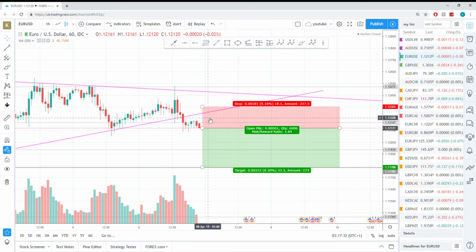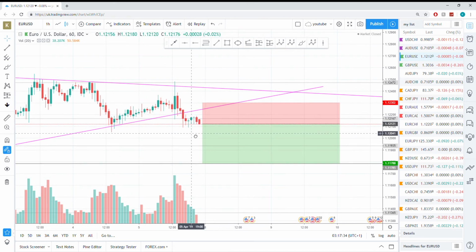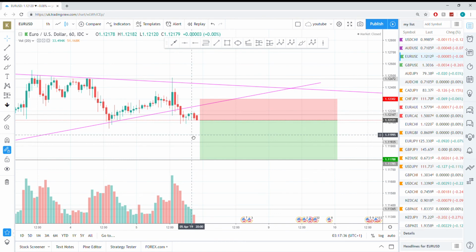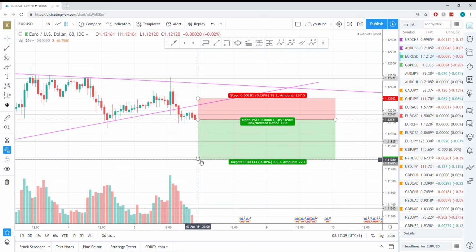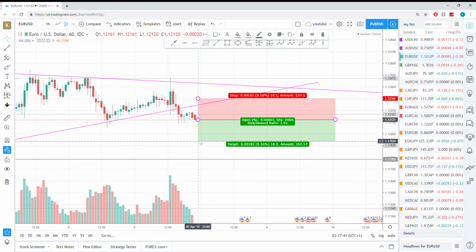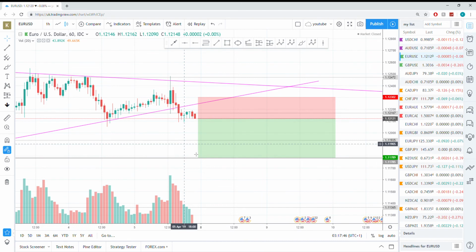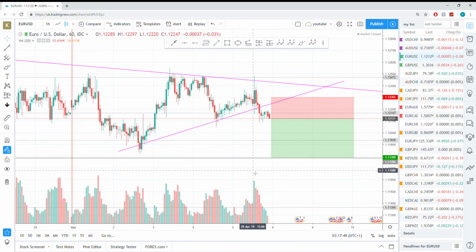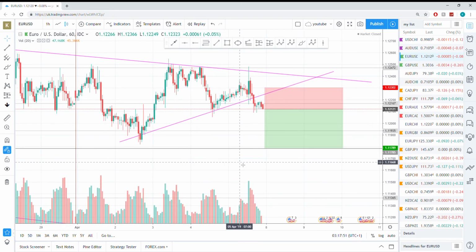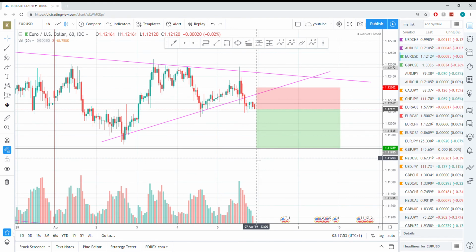And we would be risking 18 pips for TP1 and TP2. So TP1 would be 18 for 18, so just about 1 to 1. So yeah, that would be my prediction for this following week coming.